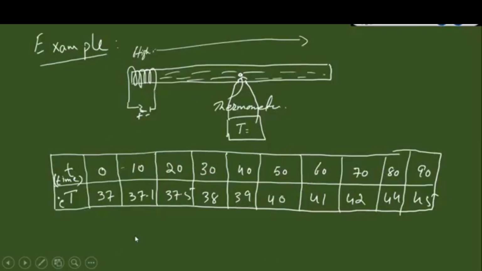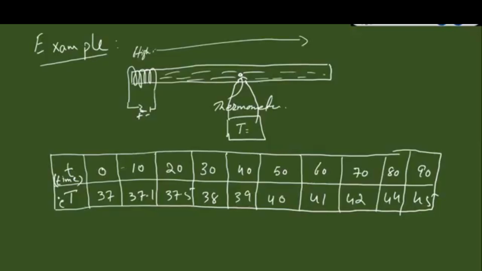It could be an Excel sheet where you have a column for time and a column for temperature. I will solve this problem in a later lecture, but let's say you want to analyze what kind of metallic deformation happens in a metallic rod based on the temperature variation.